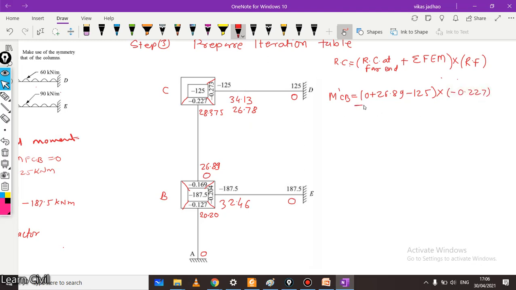So this will be equal to 22.27. Just write down this value here.